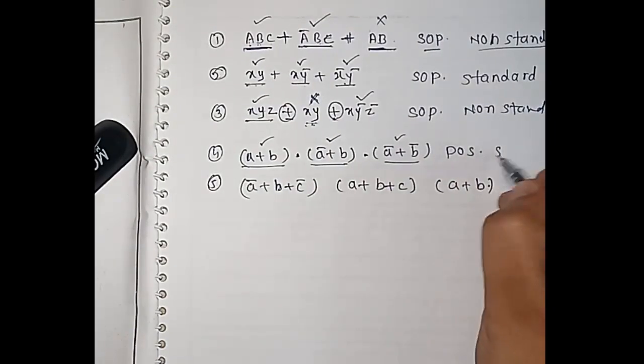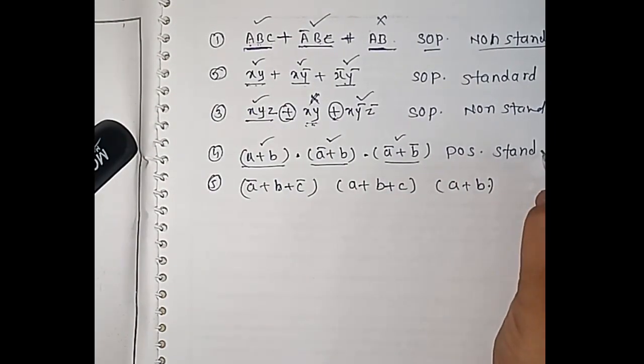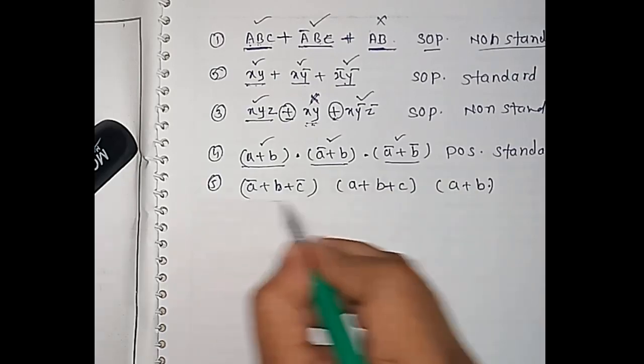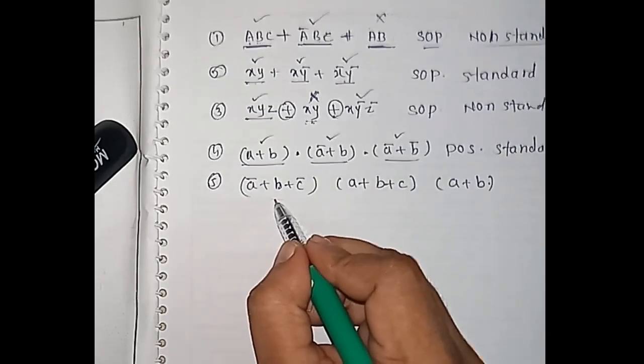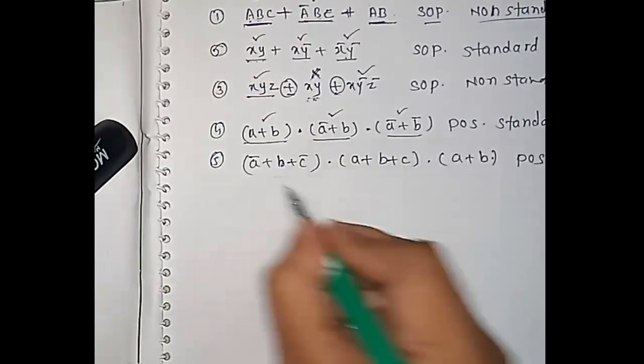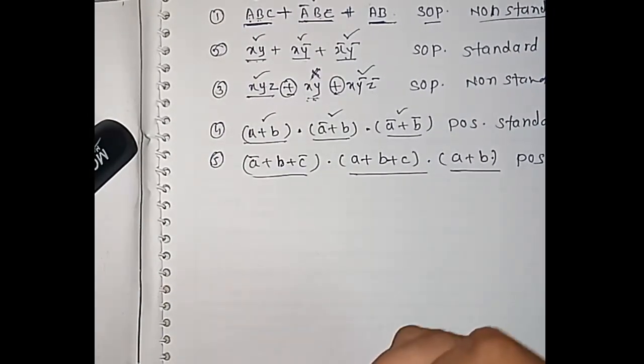So this is a standard POS equation. And for the last example, find out the type of equation. Here also this equation is a POS equation because the product is taken of these 3 sum terms.